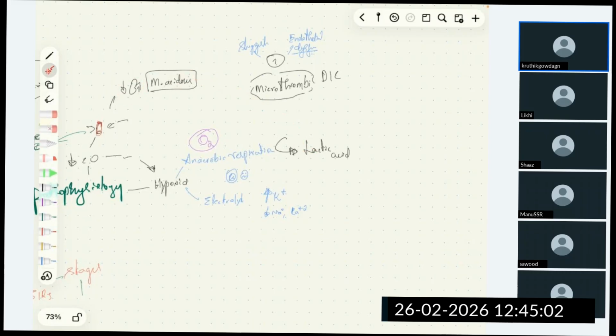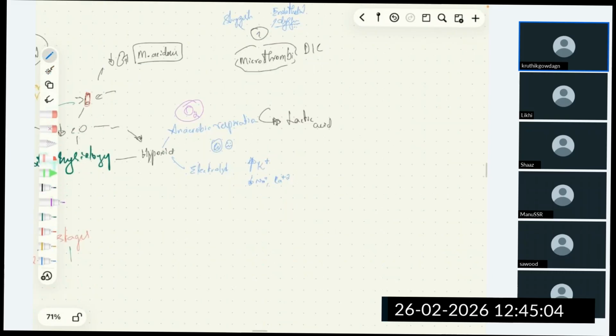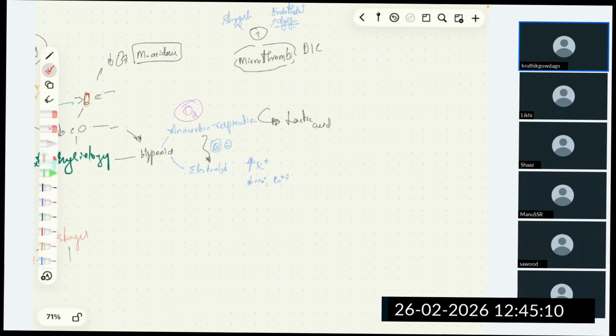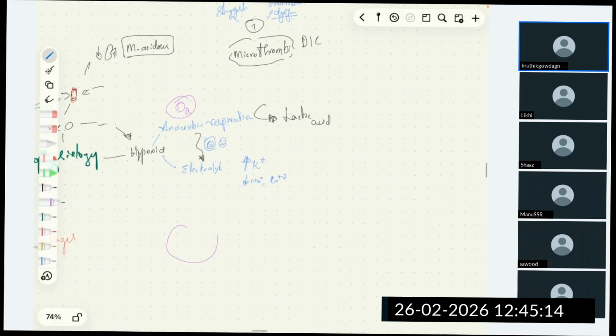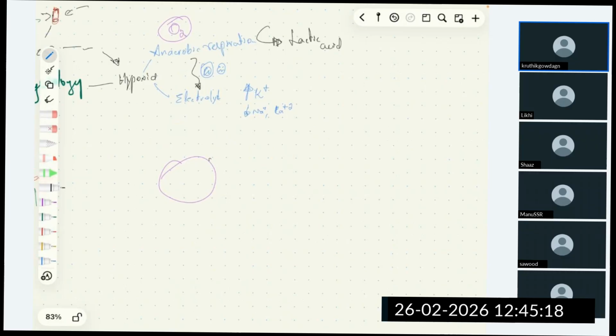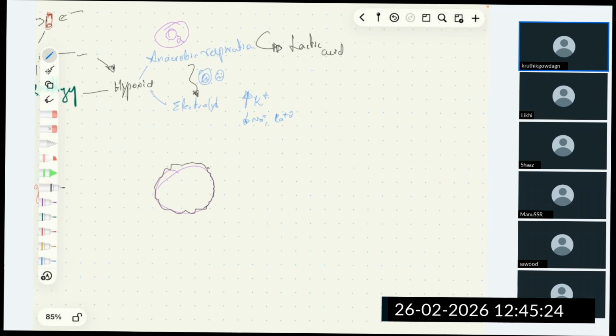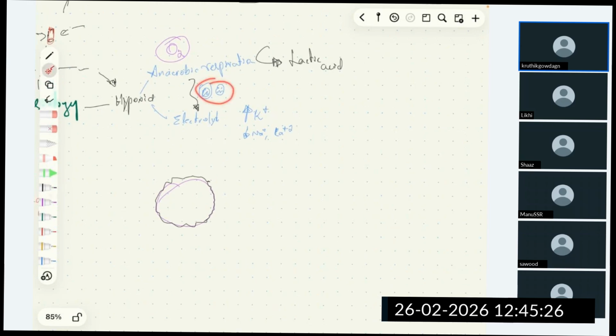And also when there is metabolic acidosis and all these things are going on, hypoxia is continuing, there is cell membrane function impairment at the cellular level. We know in pathology, cellular injury, that cell membrane function will get impaired before the cell death. When there is impairment of function of cell membrane, it leads on to electrolyte abnormality.